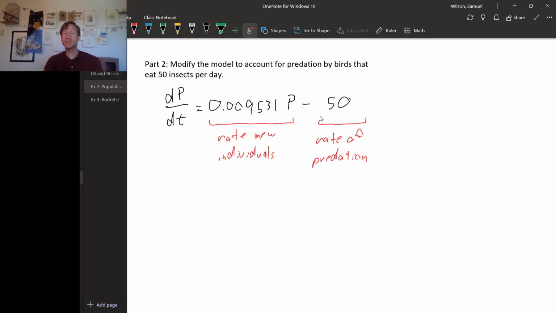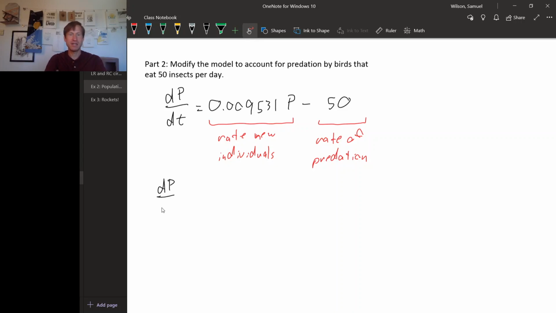All right, now this differential equation, it's still linear, but it's no longer separable. So, well, it is separable, but I want to solve it as a linear differential equation, just as an exercise, I guess. So let's rearrange it to make it look like we expect for a linear differential equation.